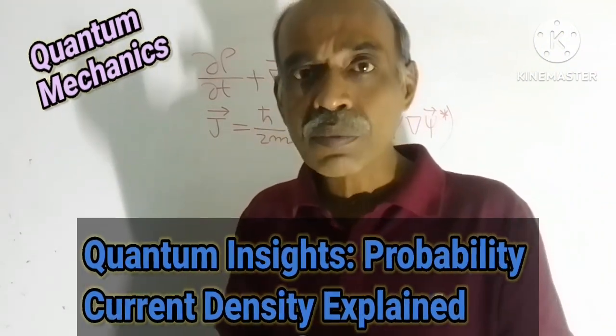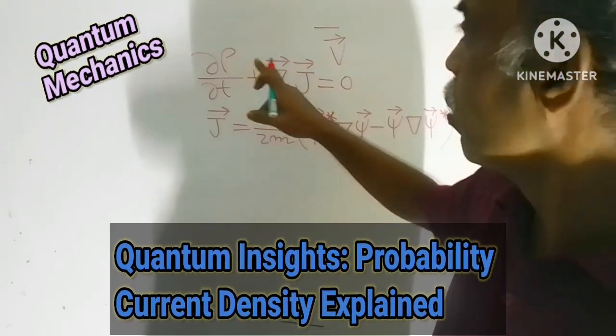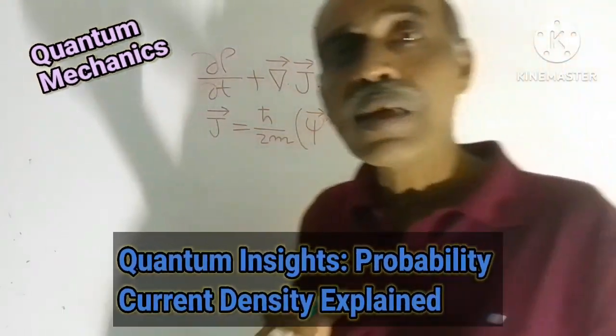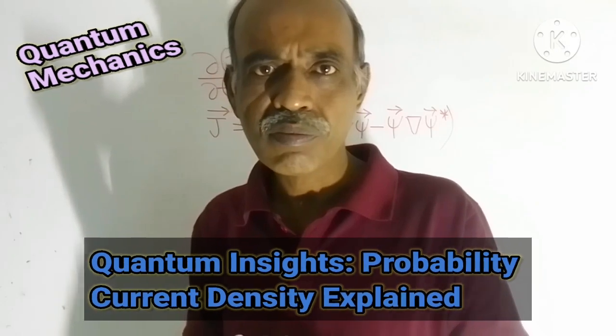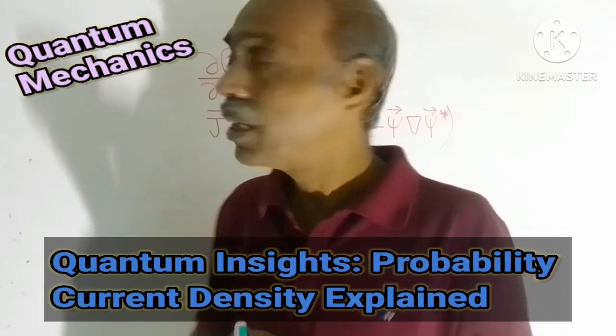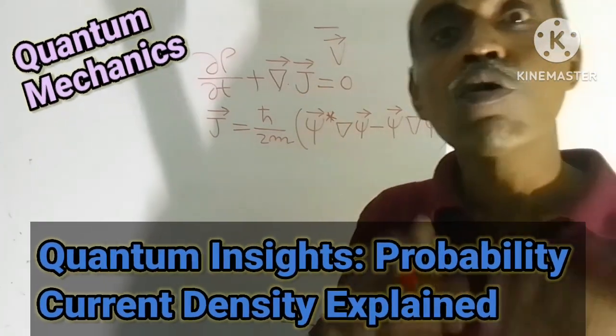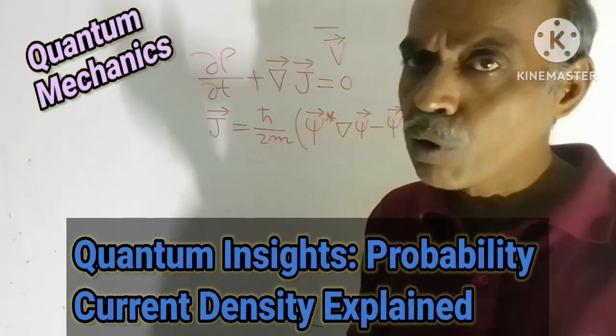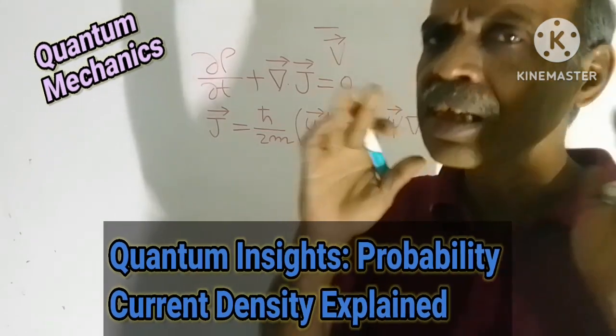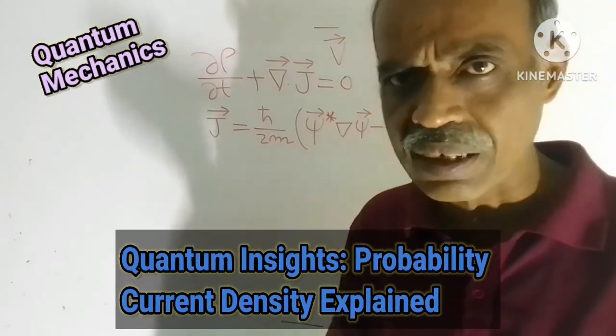And if the flow is compressible, then this velocity will be replaced by mass flux. That is, this j will be replaced by ρv in case of compressible flow. So that thing you will get in the subject of fluid mechanics.